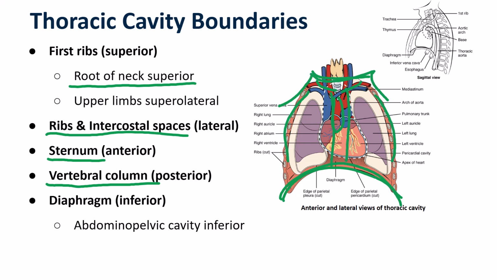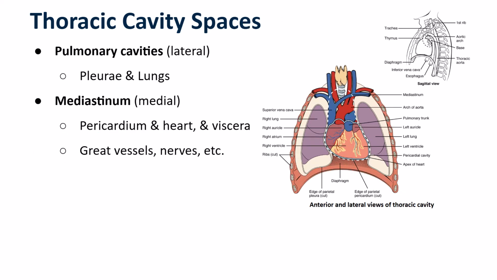So, root of neck, diaphragm, ribs, sternum, vertebral column are all bounding the thoracic cavity. And because the ribs are bony elements, they provide a great deal of protection for the contents of the thoracic cavity, namely the heart and the lungs, as well as other viscera and neurovascular elements.